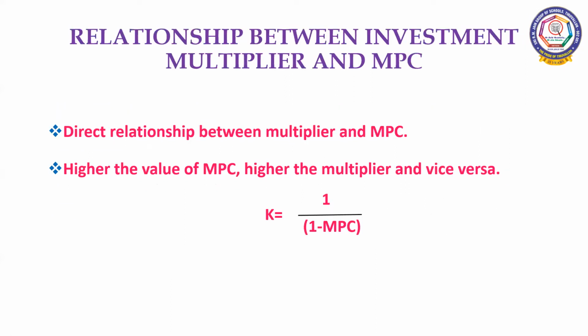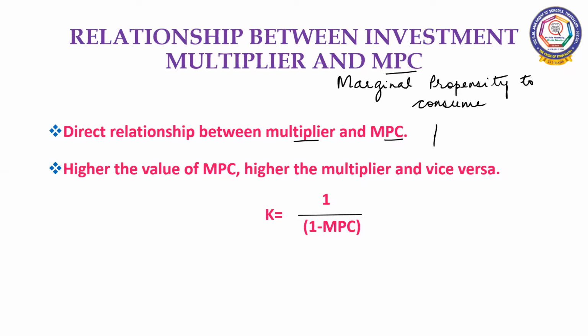Relationship between investment multiplier and MPC. MPC is the marginal propensity to consume. Now there's a direct relationship between multiplier and MPC.